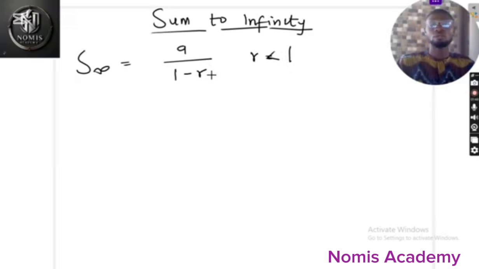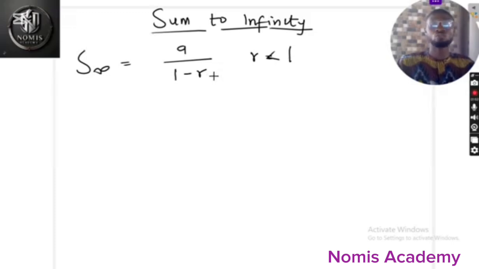So when you have a question of solving the sum of geometric progression to infinity, you must first of all determine r to tell whether it exists or not.